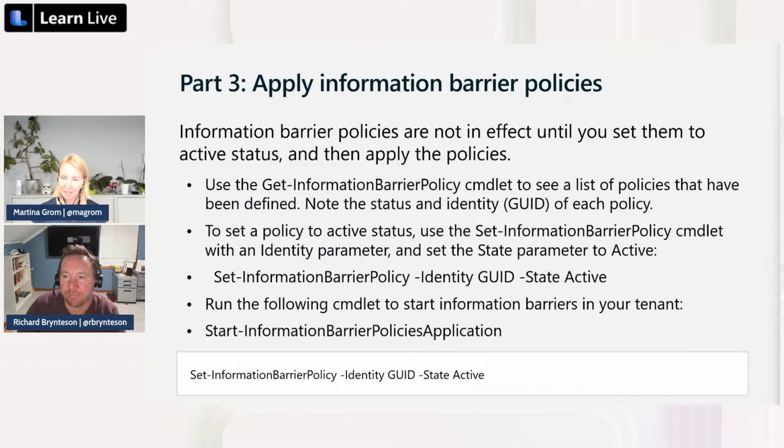And after you have done that, and after some time, you are applying the information barrier policy to your tenant, and that means you set it to an active state, and after it's provisioned throughout the environment, you will have an active information barrier policy in place.